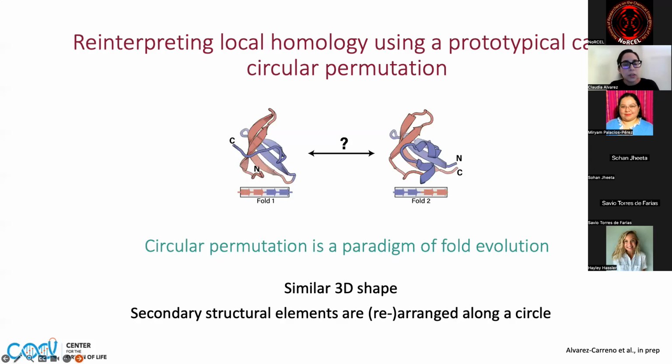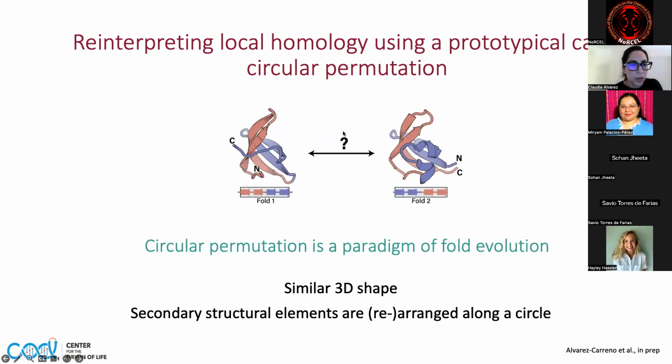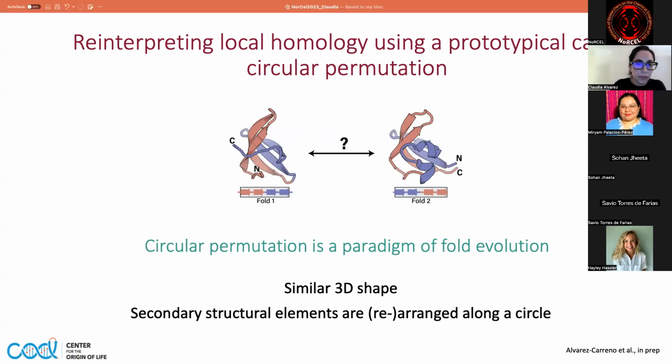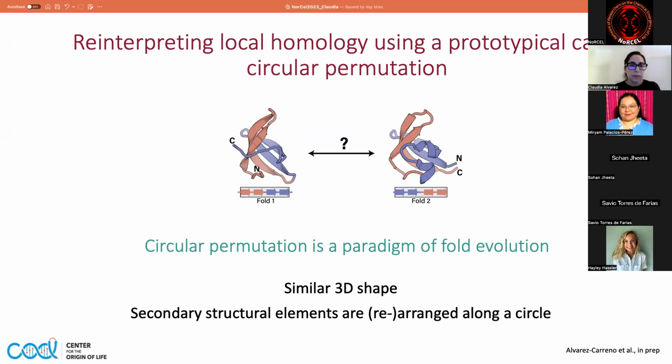So in circular permutation, we will see a very similar three-dimensional structure. The two proteins that I'm showing you here are circularly permuted. And what it means is that the secondary structural elements, which are shown as a cartoon representation, are going to be rearranged in a specific way.